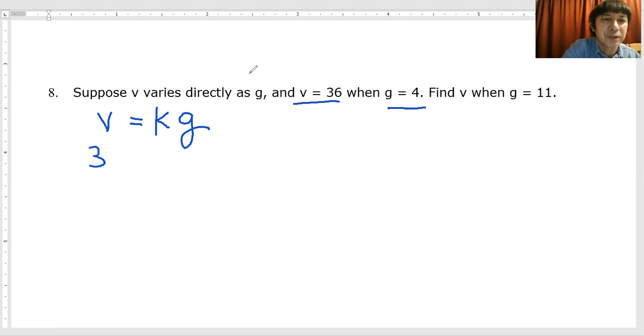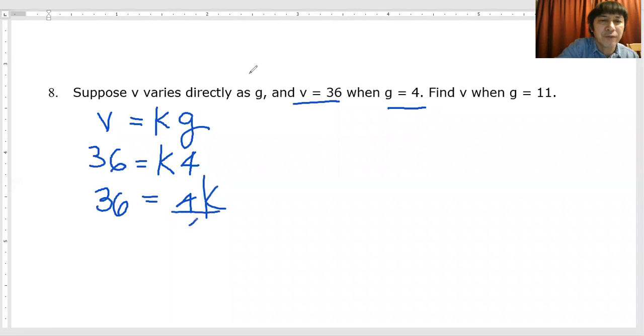So this is 36 when G equals 4. And we can easily solve our K by division. So 36 equals 4K. We divide by 4. And K happens to be 9. K is equal to 9.